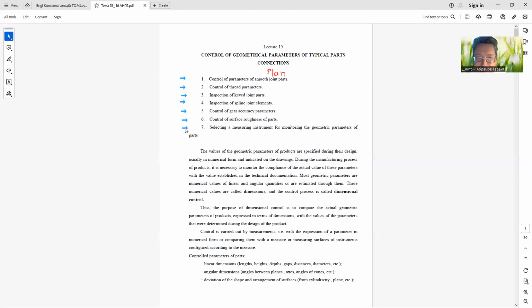And item number 7: selecting a measuring instrument for monitoring the geometric parameters of parts.